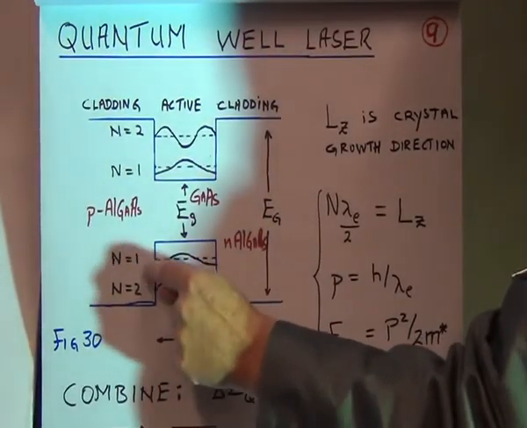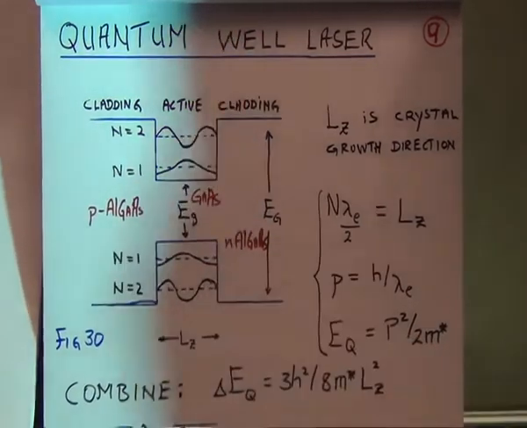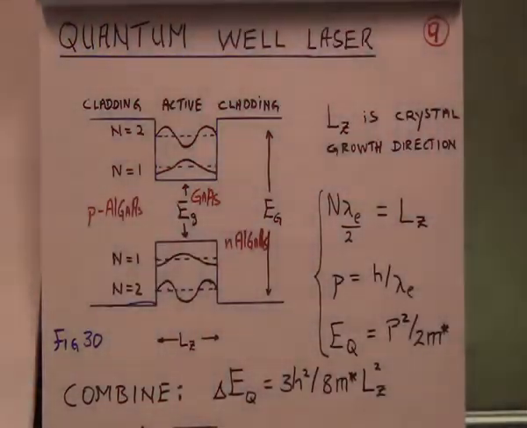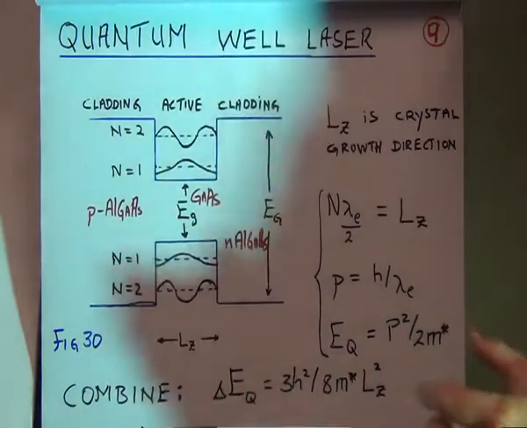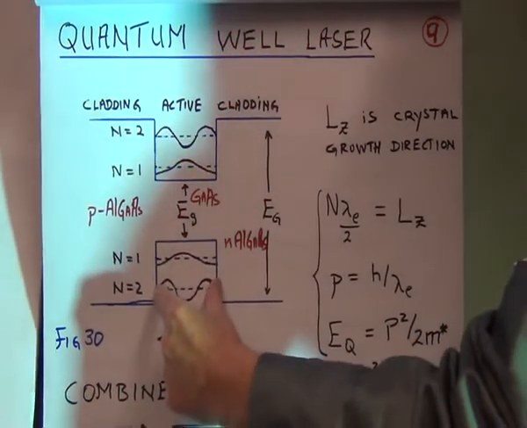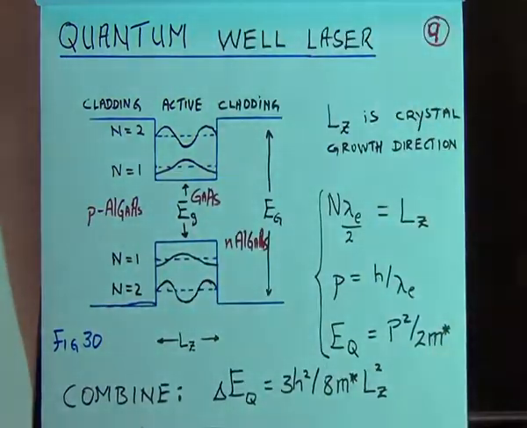And in the hole band, we also have these oscillating permitted standing waves. And just like the waves in our laser oscillator, an integer number of these must fit within the thickness Lz.